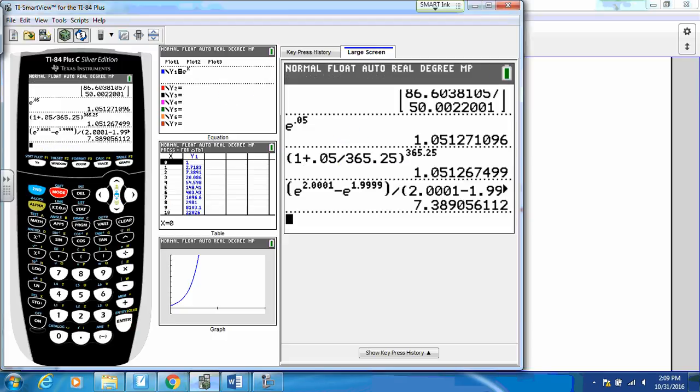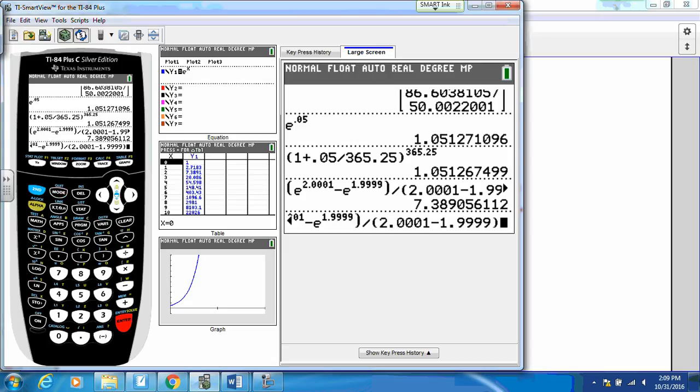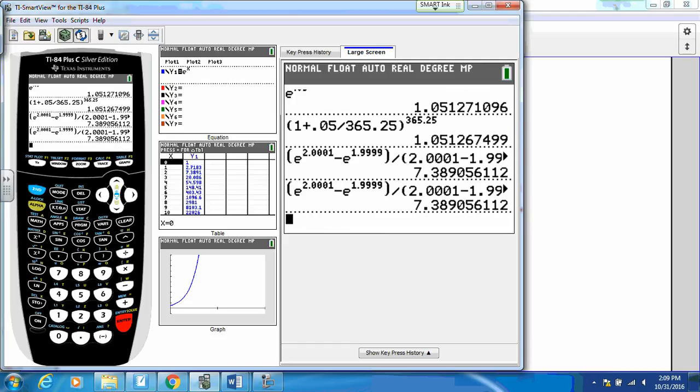Now, when I actually compute this, I'm going to need to compute it on a calculator. And it's a really straightforward computation. In fact, you see it here from the previous class. When I compute this, I'm going to compute it as e to the 2.0001 minus e to the 1.9999 over 2.0001 minus 1.9999, all at once.